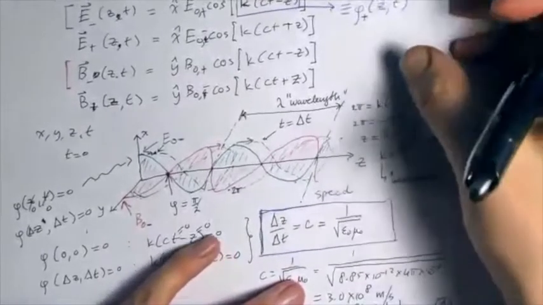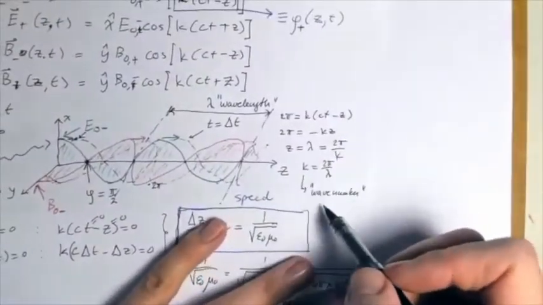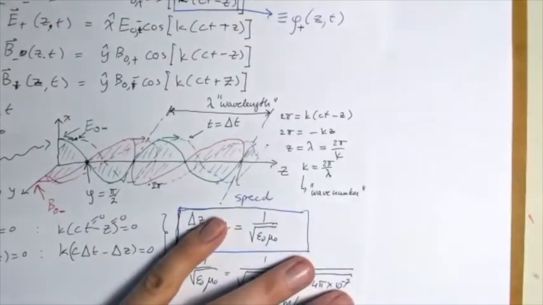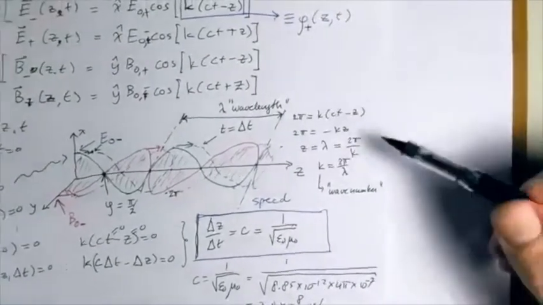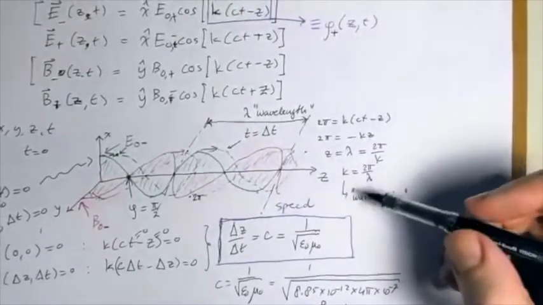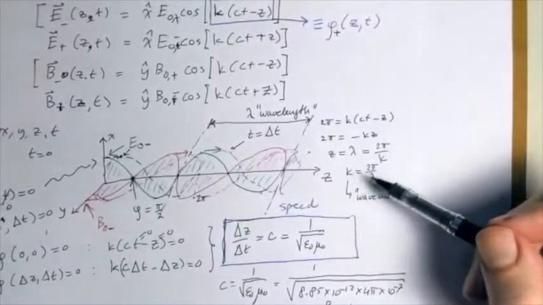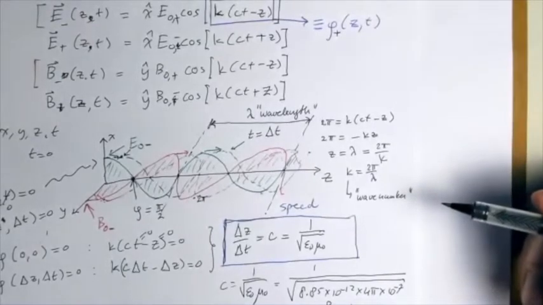They are each other's inverse with a 2 pi. Okay, so that's the periodicity of the wave in space: wavelength and wave number.